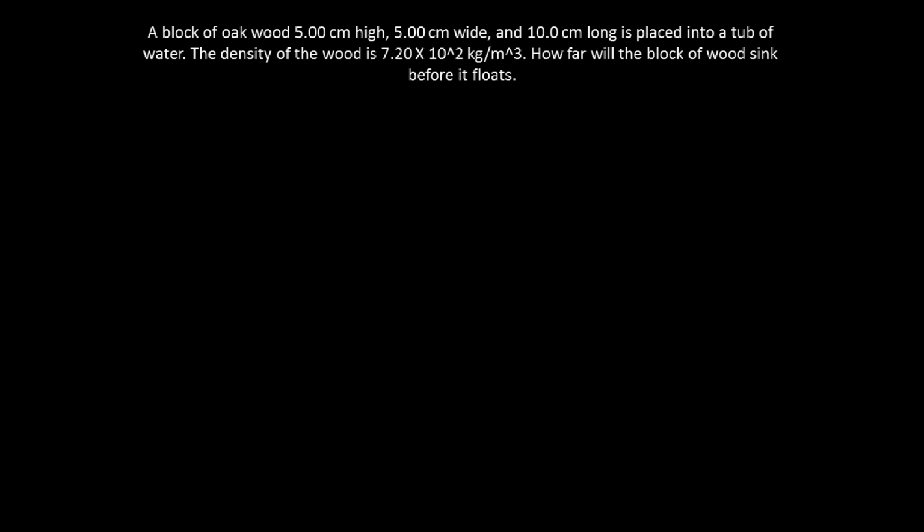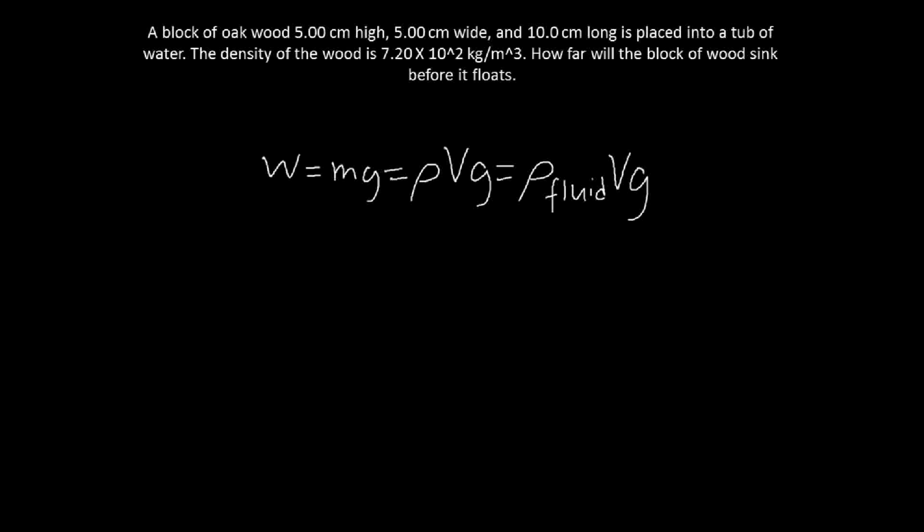The weight of the block of wood is found from this equation: W is equal to mass times gravity, which is equal to rho times volume times gravity. Or sometimes in your slides it will be written this way: rho fluid times volume times gravity.